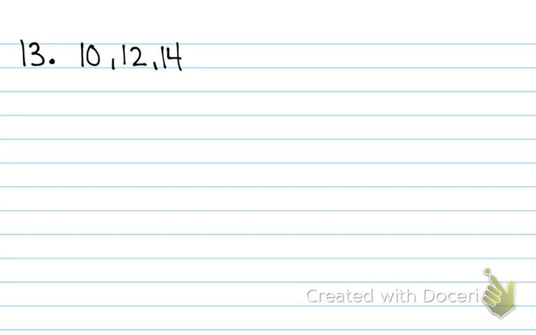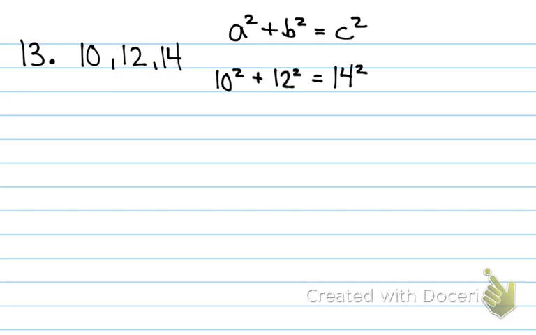So it's going to be A squared plus B squared equals C squared. And I just plug my numbers in. 10 squared plus 12 squared equals 14 squared. 10 squared is 100 plus 144 equals 196.